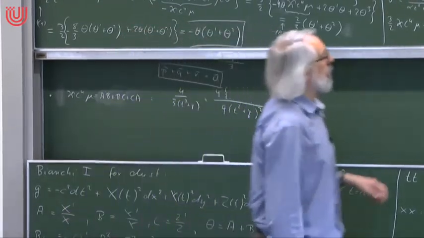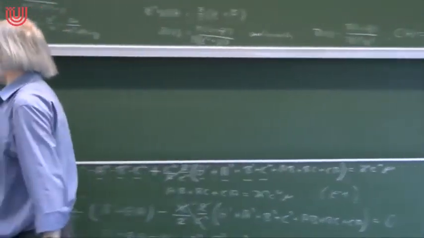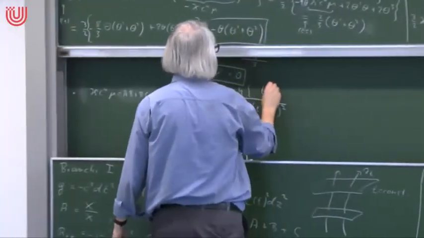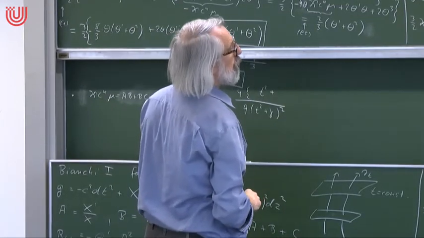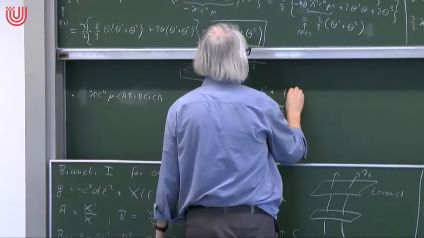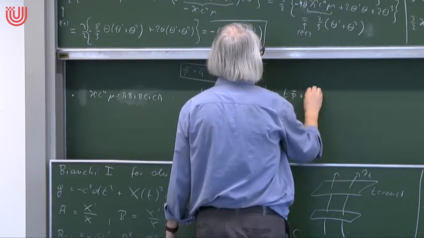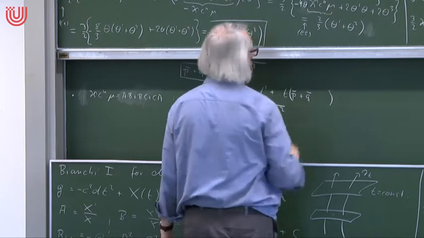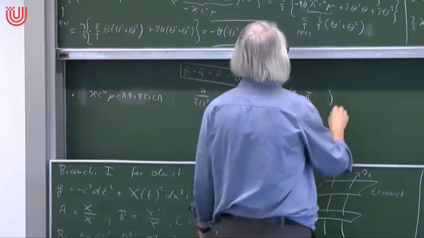And then I have this times this, which gives t squared plus t P tilde plus t Q tilde plus P tilde times Q tilde.